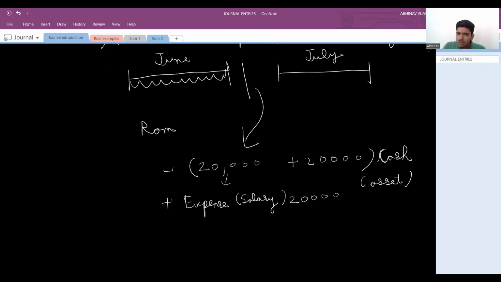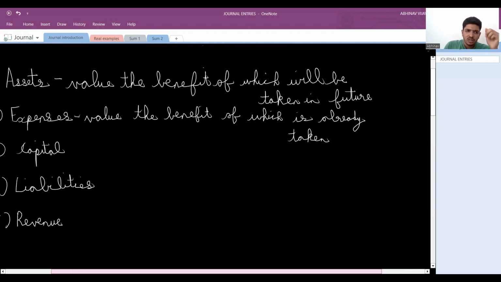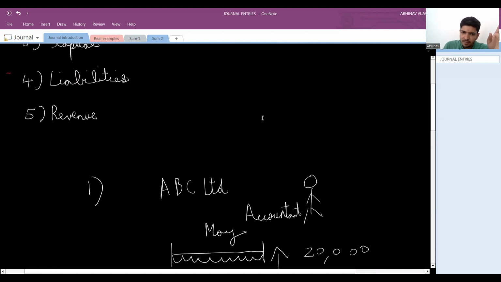Now the question is, is this 20,000 also an expense? Let's go back to the definition. The definition of an expense is the value, the benefit of which is already taken.